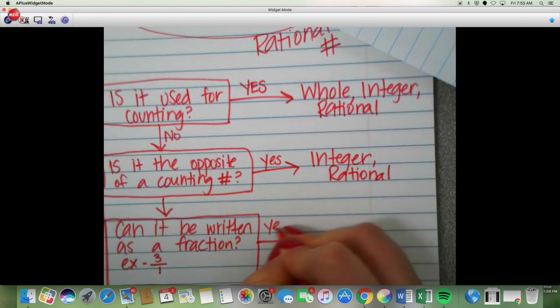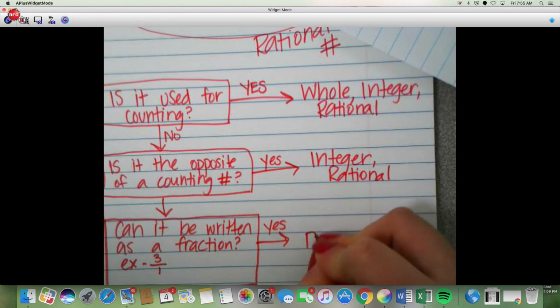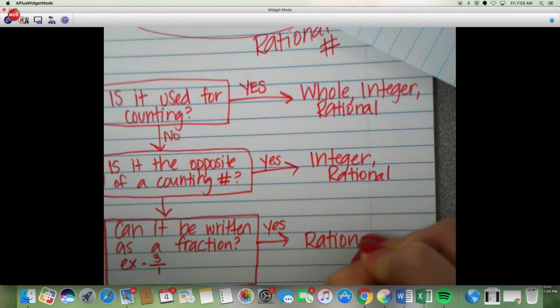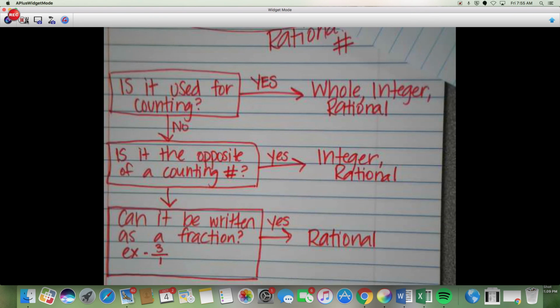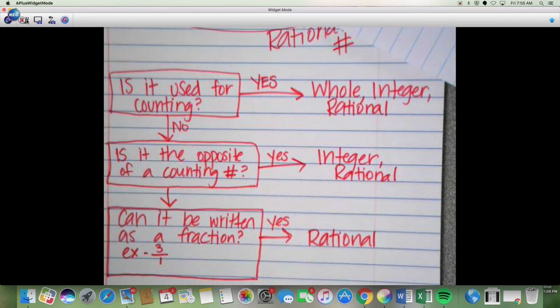If yes, then it is rational. So that chart should hopefully also help you see how we determine the classification for a number. And we're done with our notes, so go ahead and keep moving on your Google form.